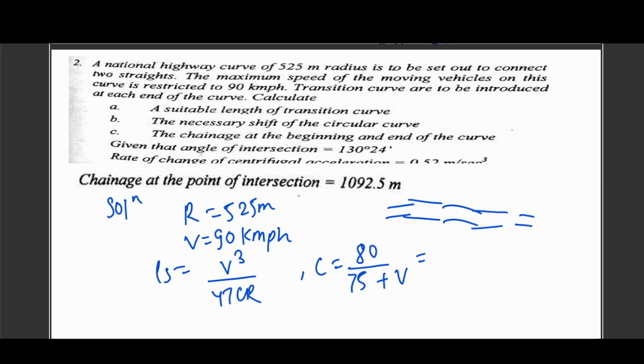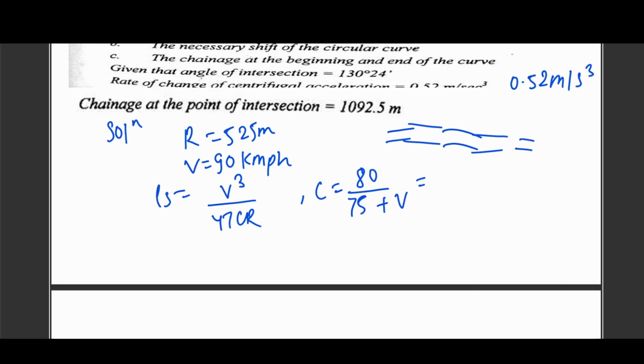Or the value of C is given in the question, that is 0.52 meter per second cube. Otherwise you can find the value of C like this, but if it is given in the question, then use the value in the question. So 90 cube by 47 into 0.52 into R, where radius is given as 525. It will be near about 57 meter.